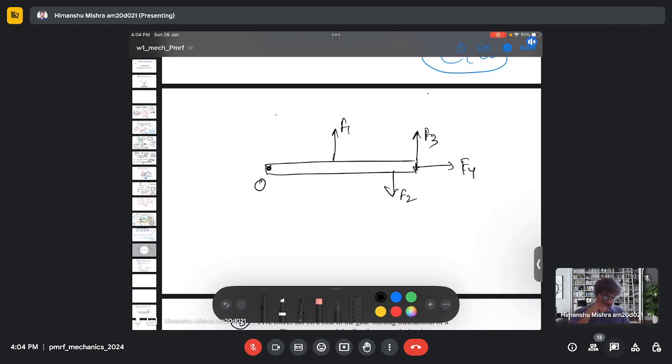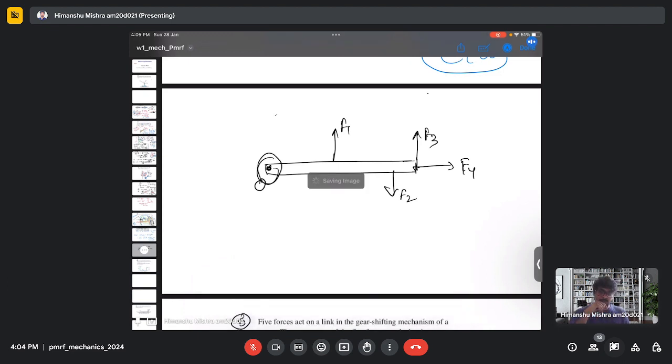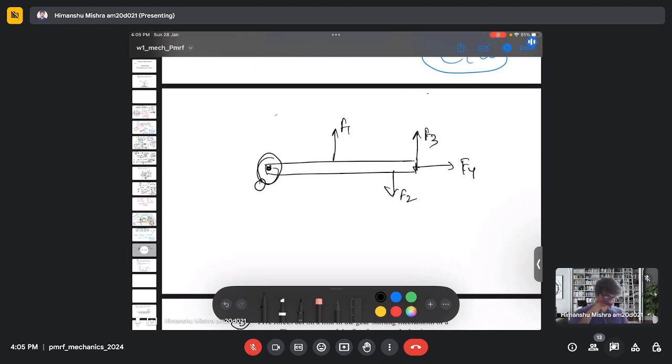Now, in order to find the moment at point O, as we discussed in the earlier question, first figure out what the components of the forces are. Here we don't need to find the components of any force because all the forces are either in the horizontal or vertical direction, either in the x direction or y direction. So first figure out the forces. You have four forces.